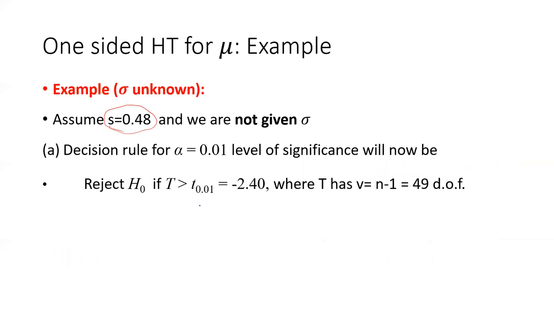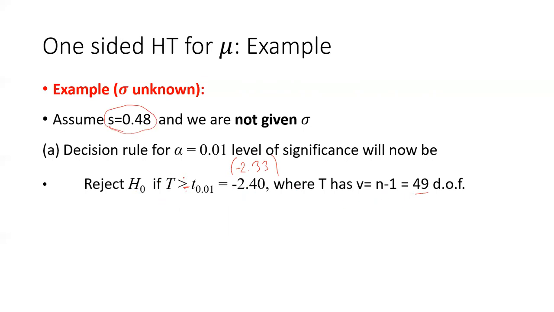Now I just need the t value, minus t sub 0.01, which is minus 2.40. Remember, it is very close to the normal value, which is minus 2.33. The t has 49 degrees of freedom because we have 50 observations.